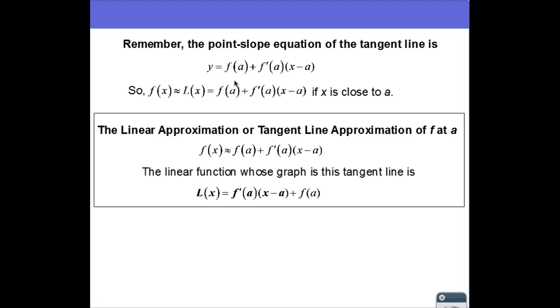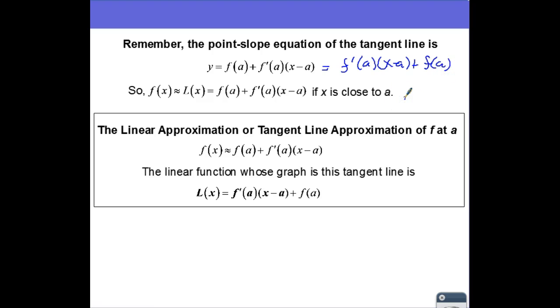So this is the point slope equation of the tangent line. It may look a little different than what we're used to seeing. Typically we write it like this: f prime of a times x minus a plus f of a. All they've done is written the f of a first.